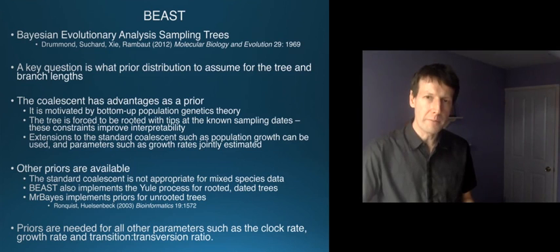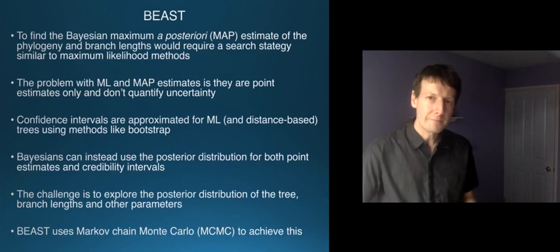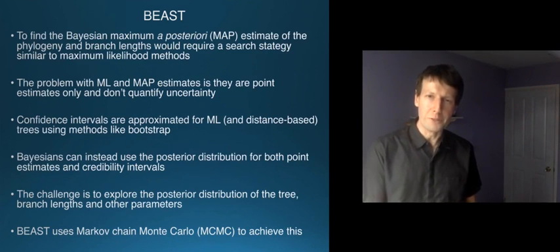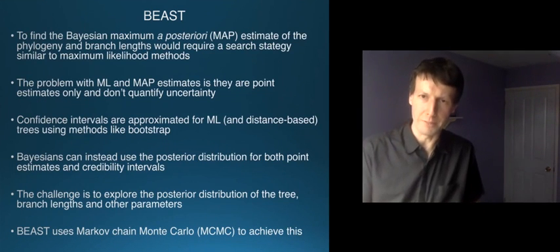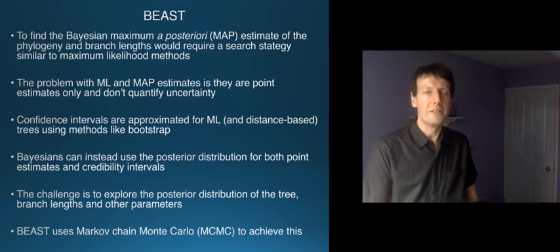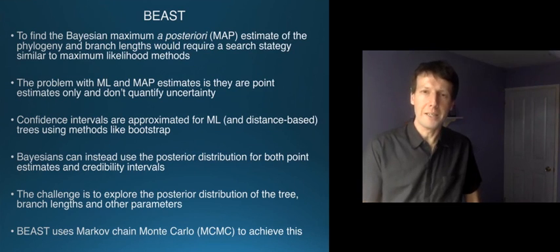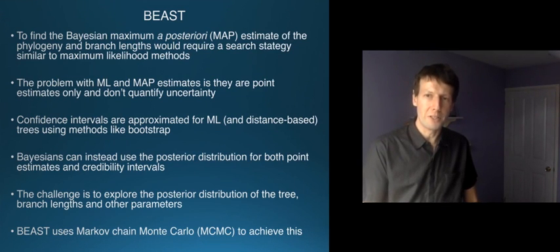Okay, so let's talk about what BEAST actually does in practice. What it doesn't do is find the MAP estimate, the maximum a posteriori estimate of the phylogeny and its branch lengths. One of the reasons is that it would require a search strategy similar to maximum likelihood methods.